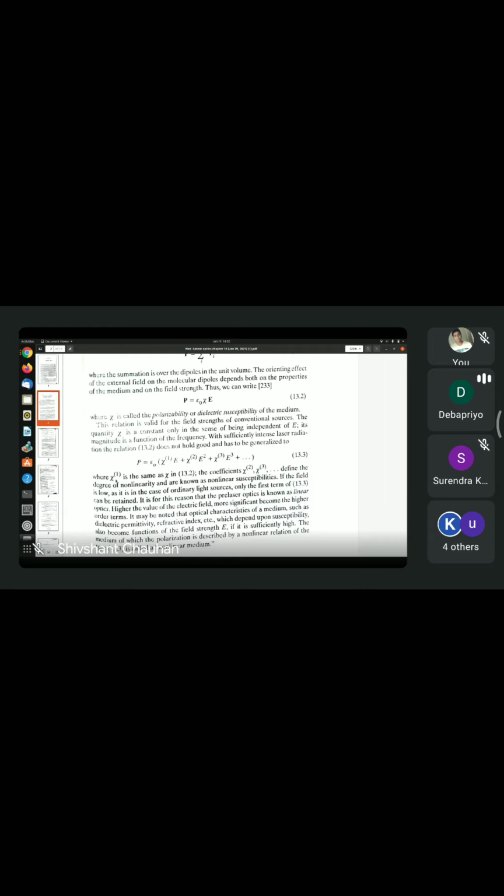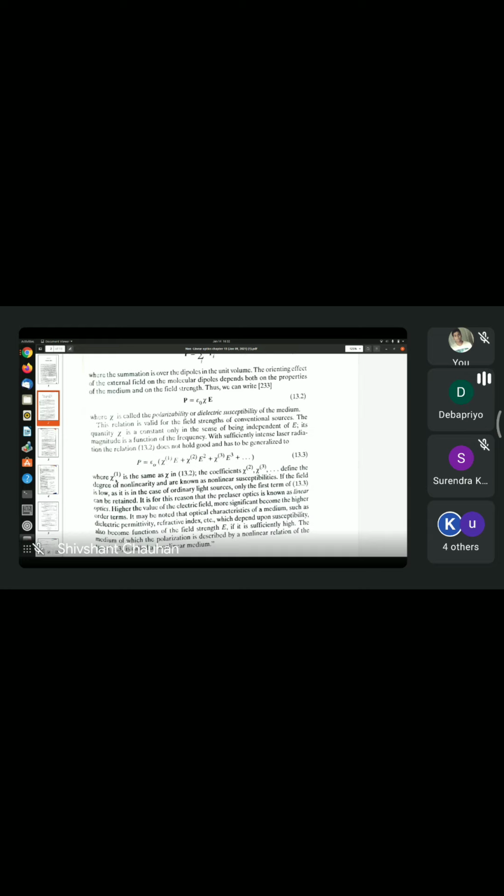So these take into account the corrections that you need if the electric field is so strong that you have to take into account the higher powers of x1 and x2, like x1 square, x1 cube or x2 square, x2 cube and so on. So that is how it comes.